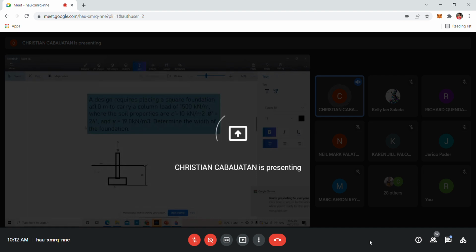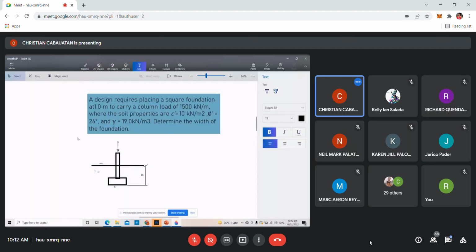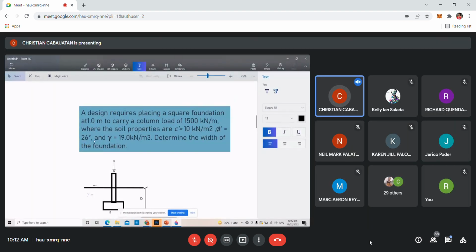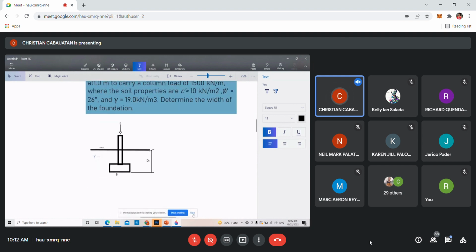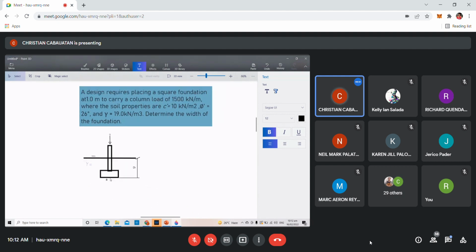Okay, going back. Sorry, yung magiging sagot dito pala sa problem na to sa PowerPoint ko ay I have considered na 24 degrees. Mali yung naisulat ko na 26 degrees. Pero we will use 26 degrees na lang. Babaguhin ko na lang yung aking answer mamaya. Okay?